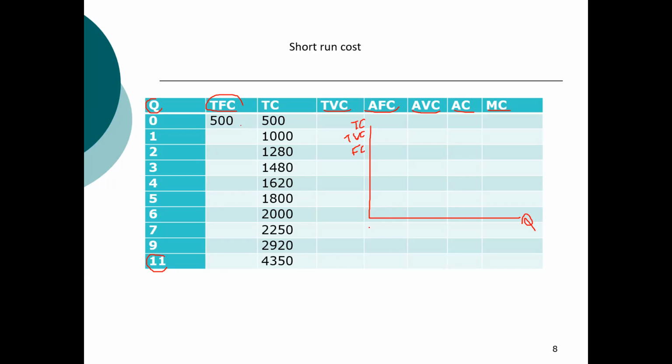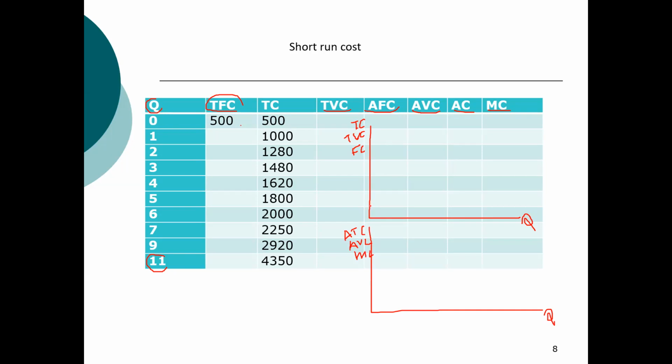Then underneath, draw another set of curves with the same Q here. This vertical axis is average total cost, average variable cost, and the marginal cost. You draw.